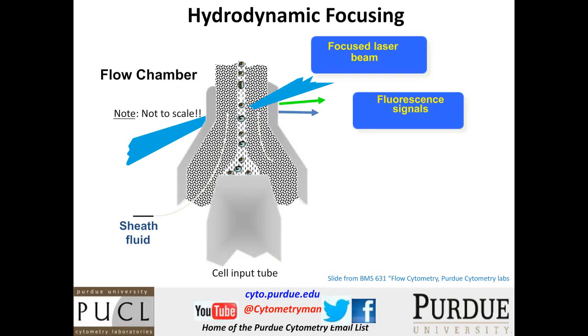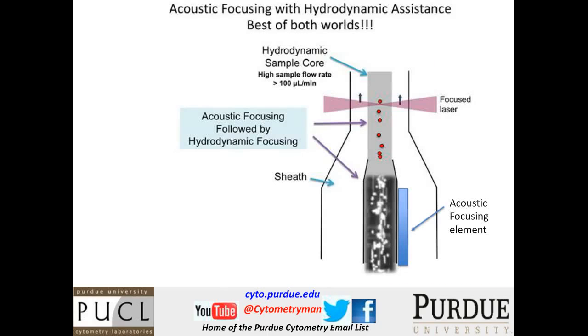So just wanted to refocus us on how this concept works, because this helps us see the difference between a traditional instrument which has hydrodynamic focusing and an instrument that has both hydrodynamic focusing and this acoustic module on the side.